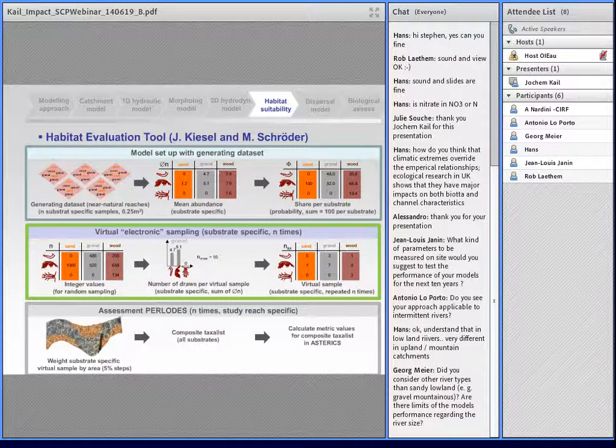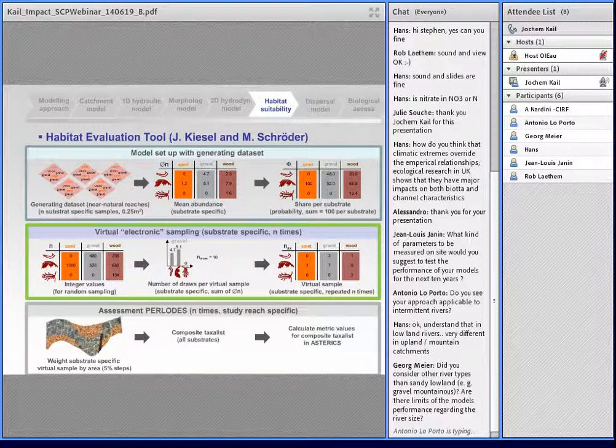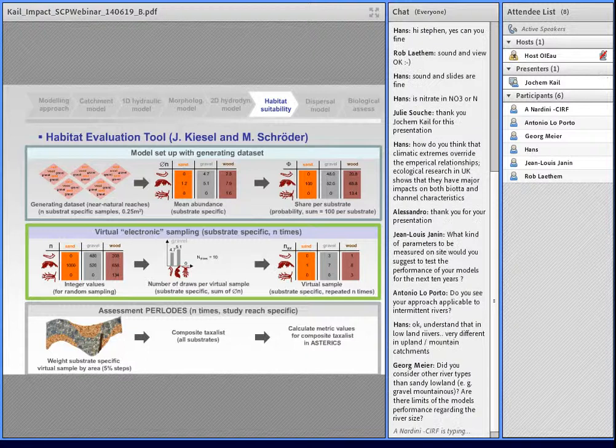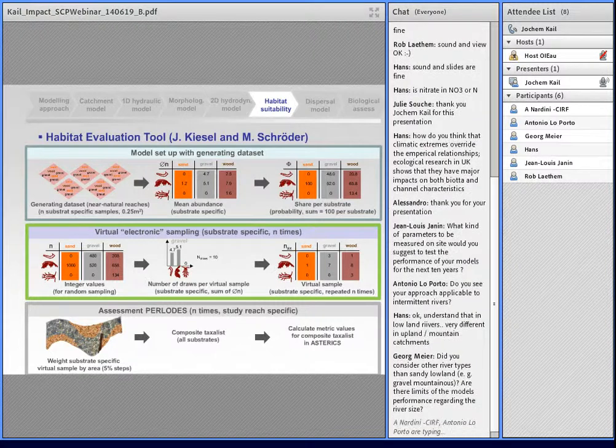So we already thought about some approaches to apply this modeling framework, but I think it will be a challenge. One has to consider the specific things like recolonization from these pools then.